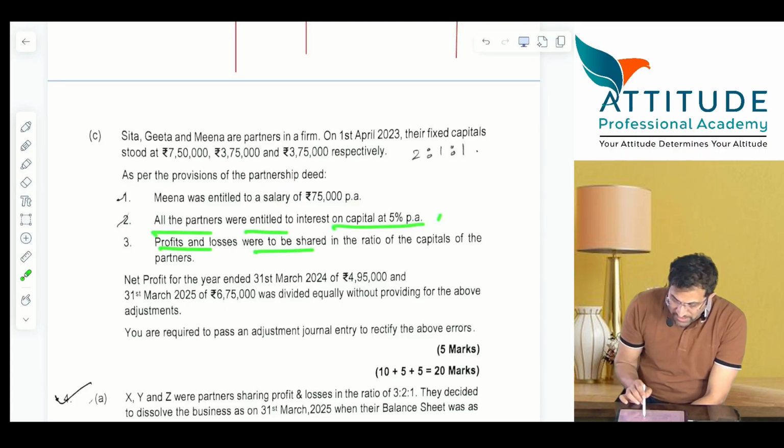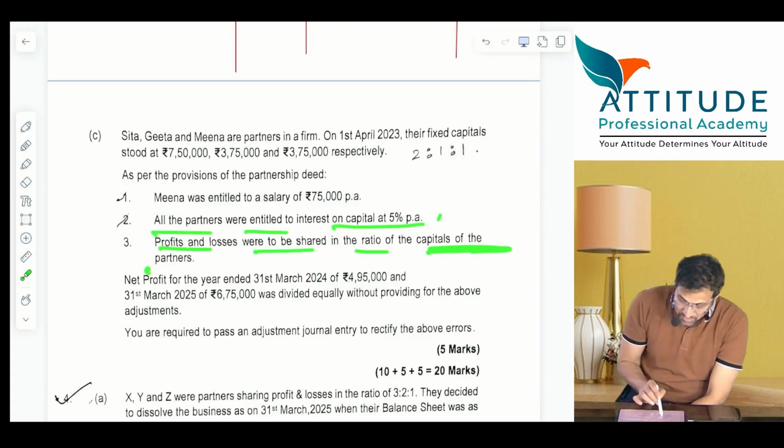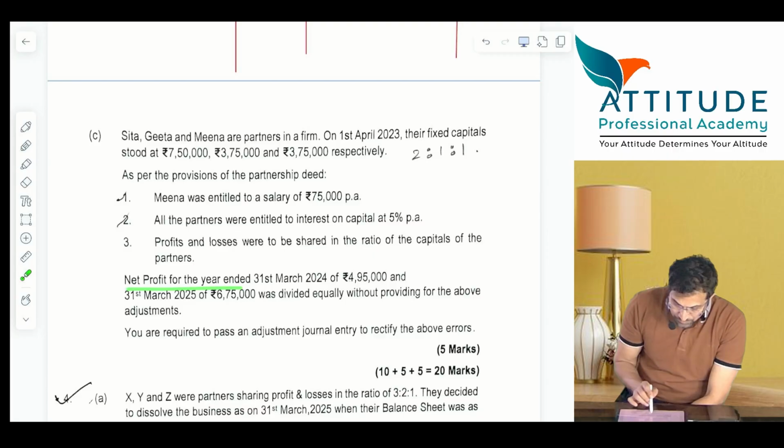Profit and loss are to be shared in the ratio of their capitals. Careful. Net profit for the year ended 31st March 2024 was 4,95,000, and for 31st March 2025, how much? 6,75,000 was divided equally without providing for the above adjustments.